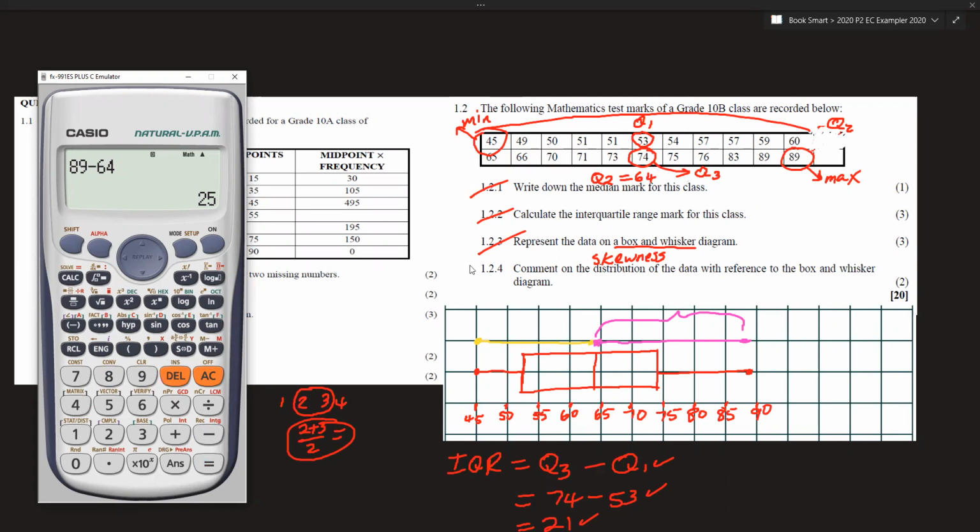Now I'll have to do 64 minus the smallest, which is 45. So 64 minus 45 gives you 19, you see? So the longer one is there. So after you get which one is longer, you can now easily comment on the skewness. Né? So you see it's longer to the right. Remember, this is on your right-hand side.